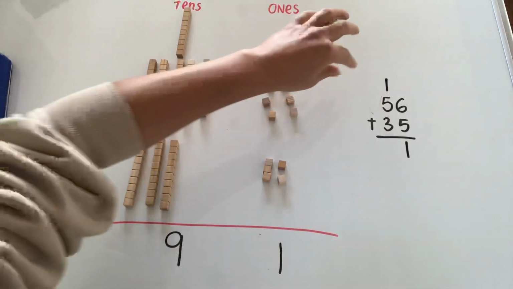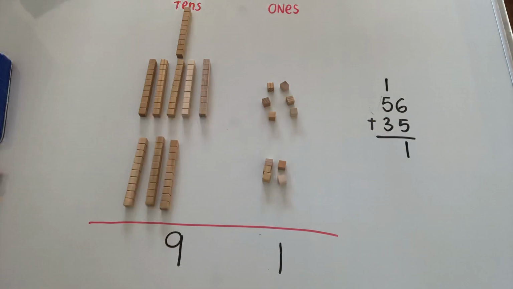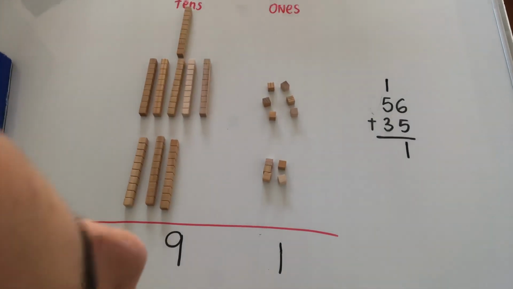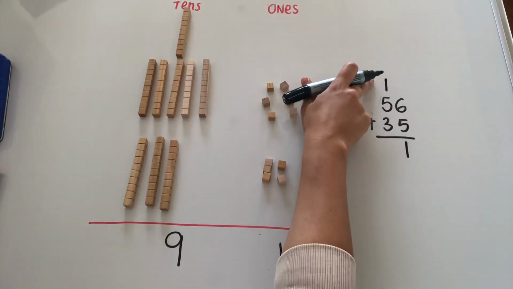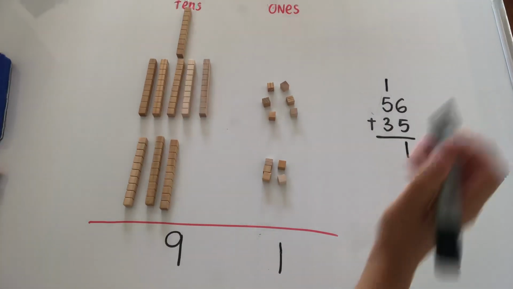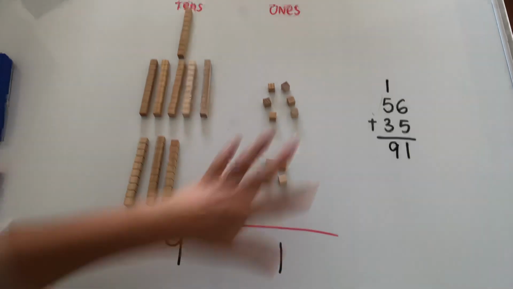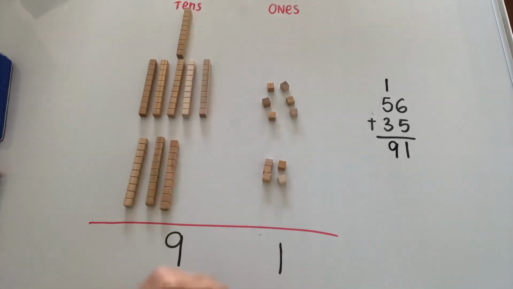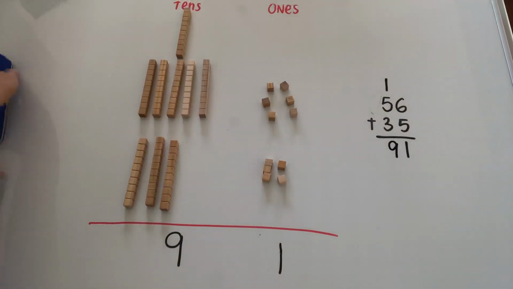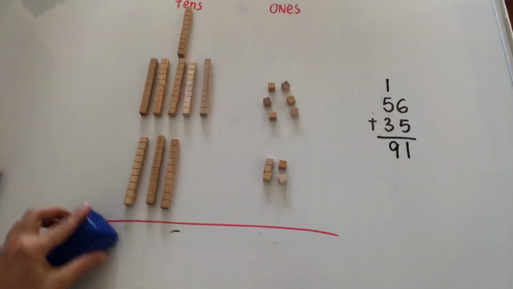We need to do a big one just like all the other numbers, so we're not going to forget to add it. Then we go 1, add 5, and 3 is 9. So our answer is 91. I'm just using these MAB so you can see how it works when we rename numbers. Let's do another one.